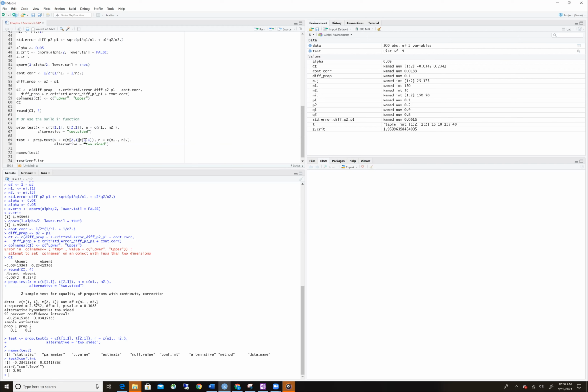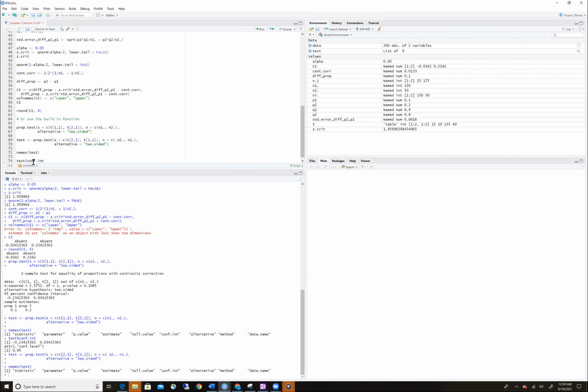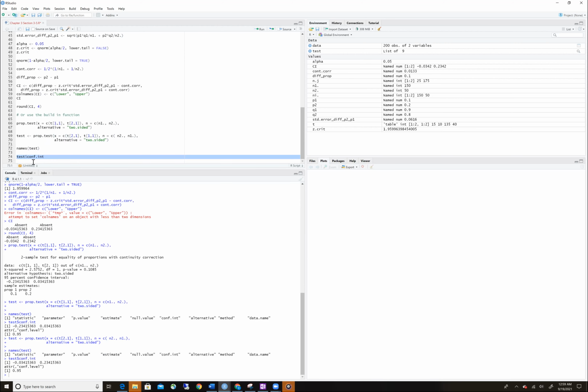Okay, if I switch this, that will tell R the way that you want them subtracted. And I can pick off the confidence interval again. And now we got exactly what we thought we would get, the negative 0.034 and the 0.234.